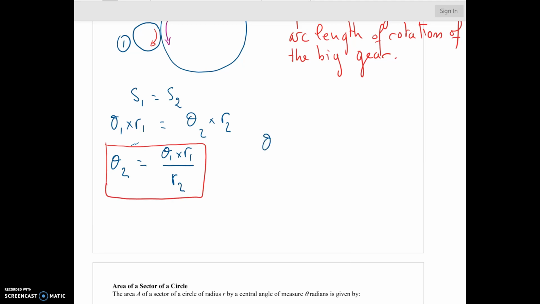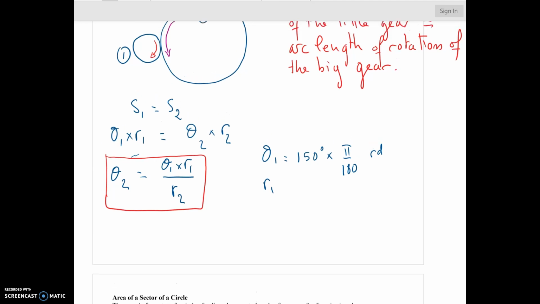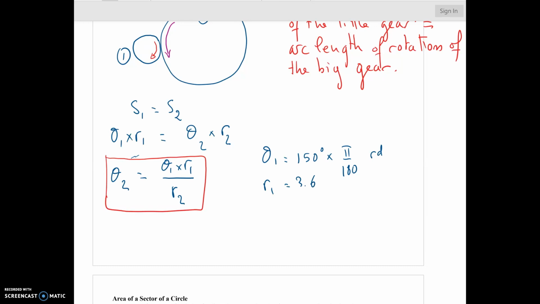I know that theta 1 equals 150 degrees, so I will multiply by pi and divide by 180 to have this angle in radians. I know the value of R1: the small gear has a radius of 3.6 inches, and the biggest gear has a radius of 5.4 inches.